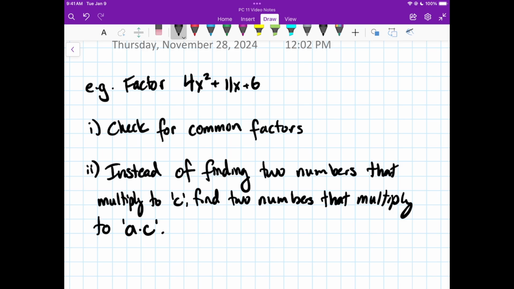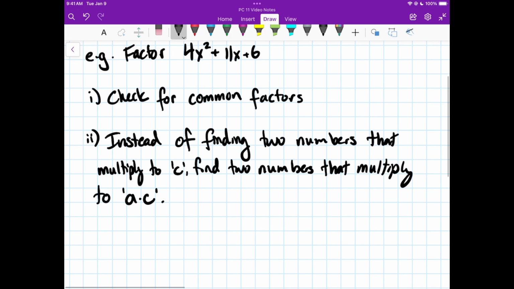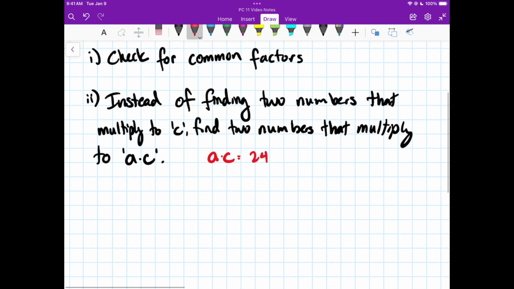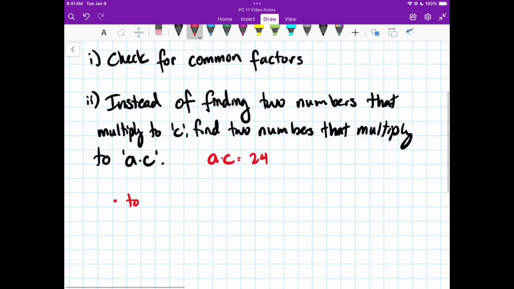So in this case, a times c, and remember this just comes from your standard form, so ax squared plus bx plus c. A and c are just our coefficients for our first and third term. So in this case, a times c is 24, right? 4 times 6. So we want to find 2 numbers that multiply to 24, but still add to the b value, which in this case is 11.